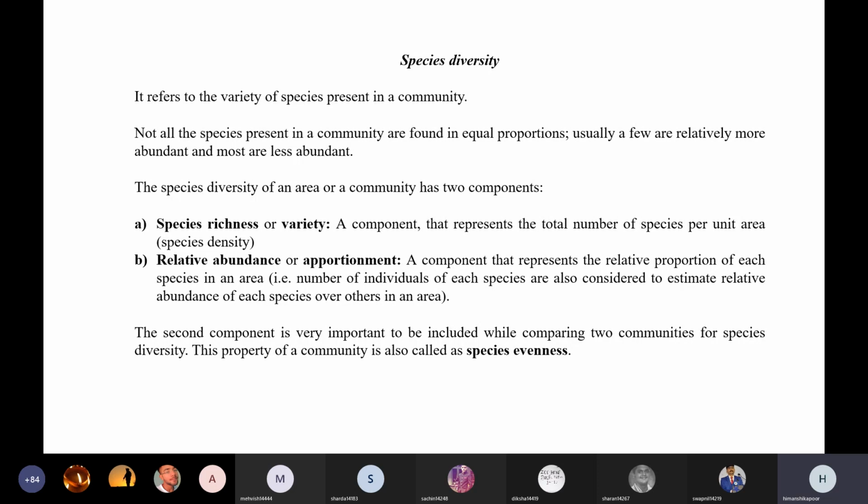When the species abundance is similar in all the species, we can say the community has species evenness. Okay. Yes, ma'am. So you are understanding this point, species evenness? Yes, ma'am.